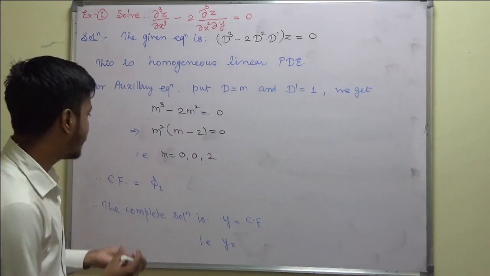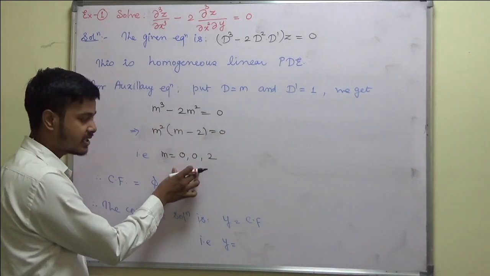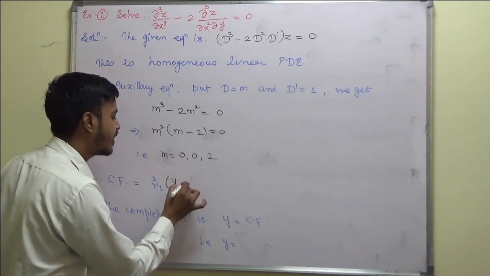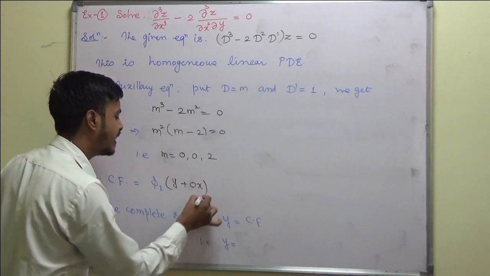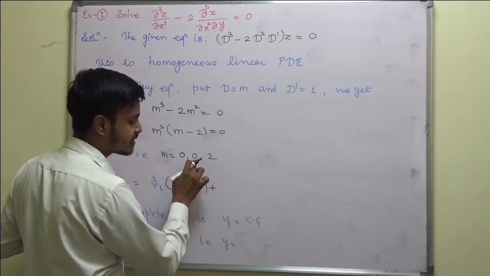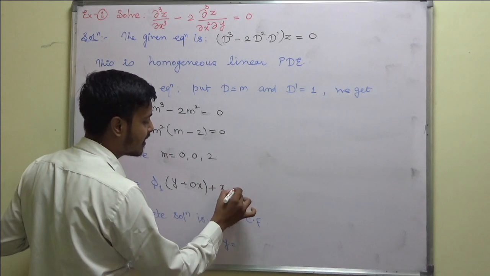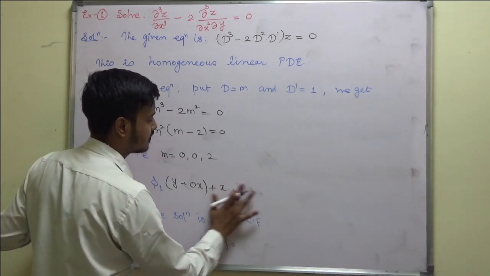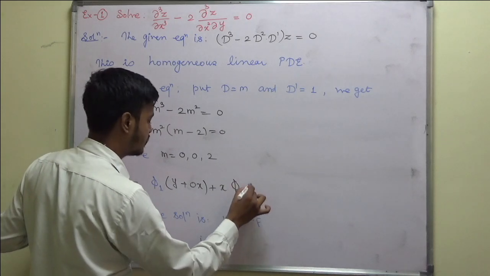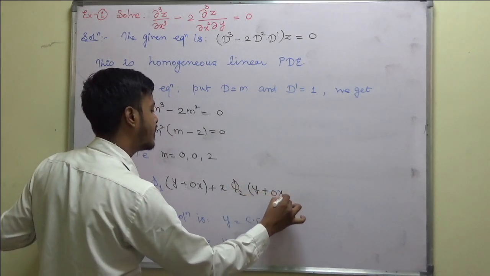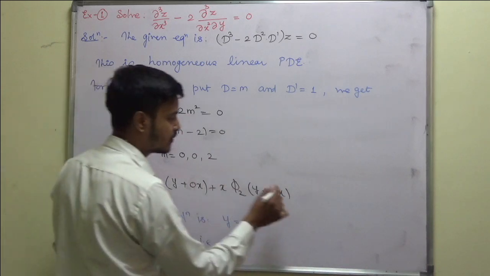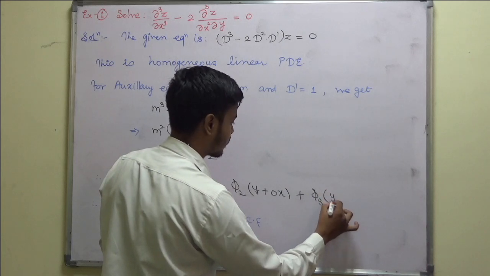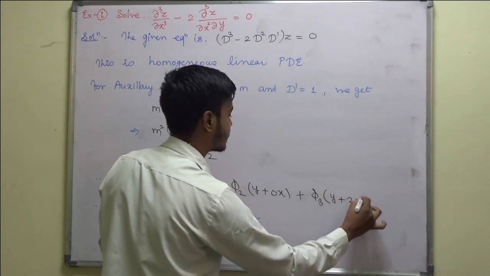As you can see, the roots 0, 0 are repeating, so I will write phi 1 (y plus 0x) plus, because 0 is repeating, x into phi 2 (y plus 0x), and we have another root 2 which is not repeating, so I write phi 3 of (y plus 2x).